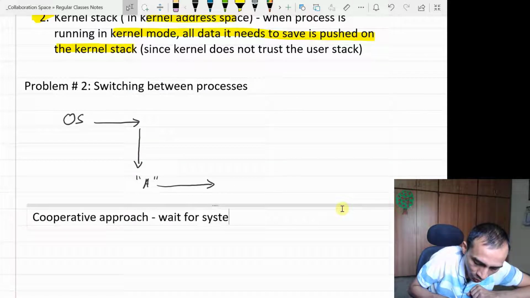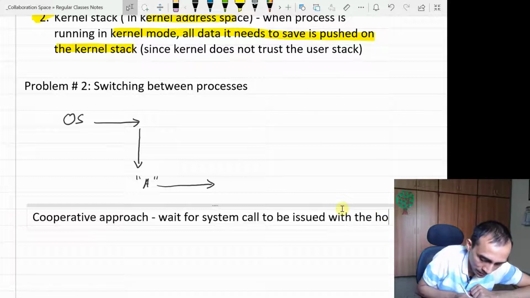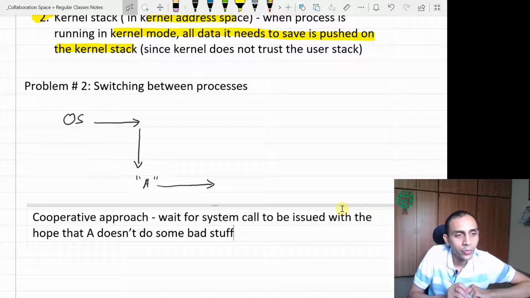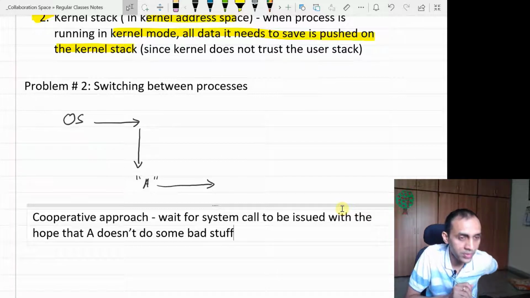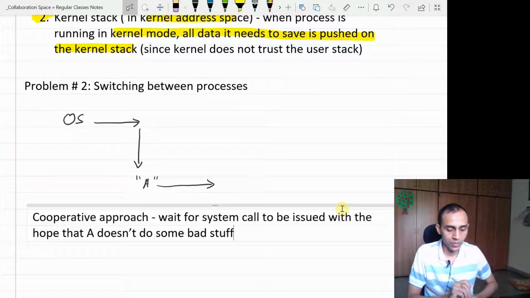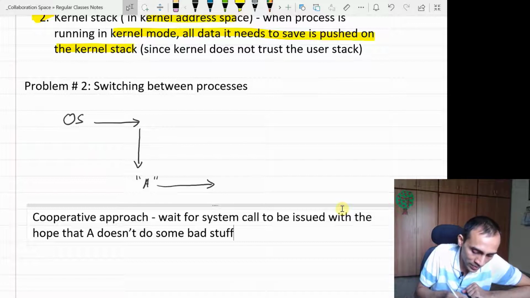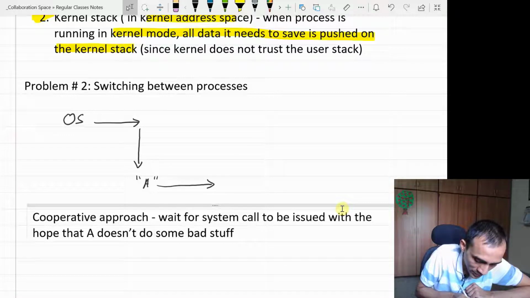And the OS hopes that A doesn't do some bad stuff, that A is not going to monopolize the CPU. That was the idea. There were also some explicit system calls.